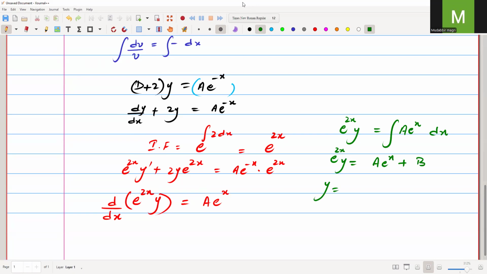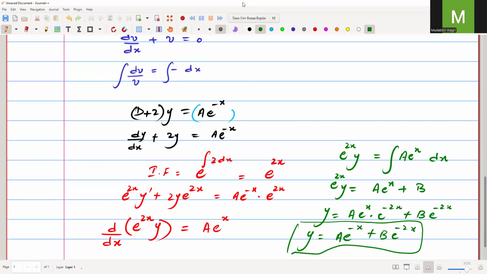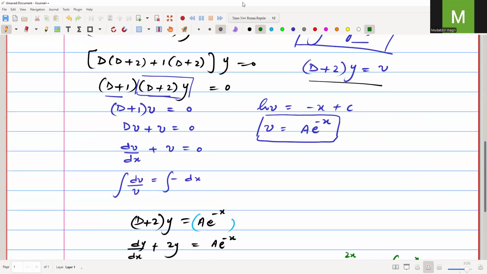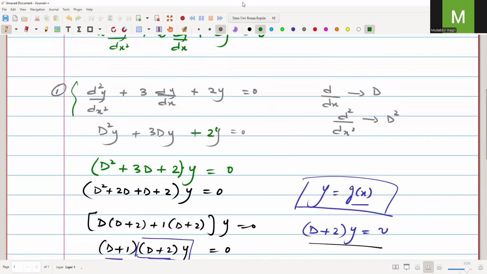If we move e to the power 2x to the right hand side, we get y equals a e to the power negative x plus b e to the power negative 2x. And this is the solution of the given differential equation that we stated earlier.